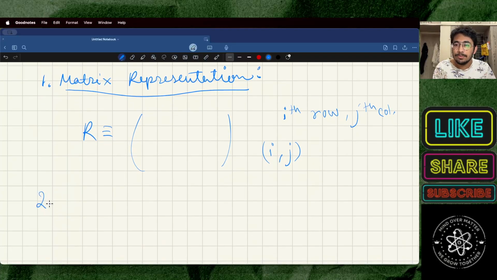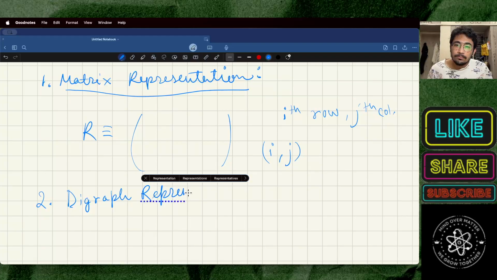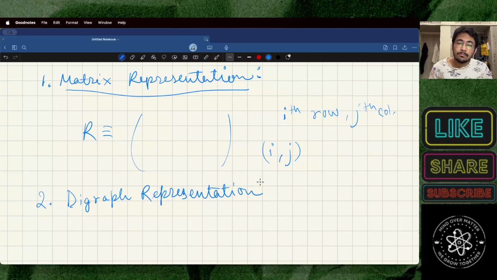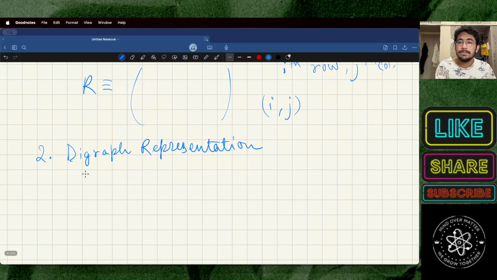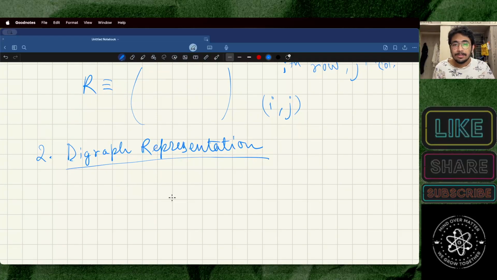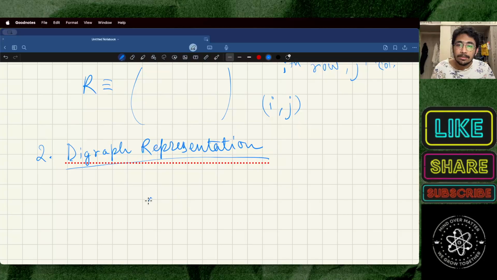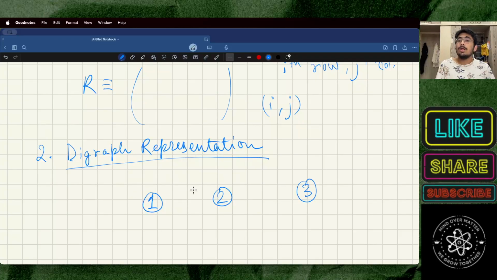And number two is digraph representation. Let me see if the term is right. Yes, it's digraph representation. What is a digraph representation? Suppose the three elements are 1, 2, and 3, and 1 is related to 2.